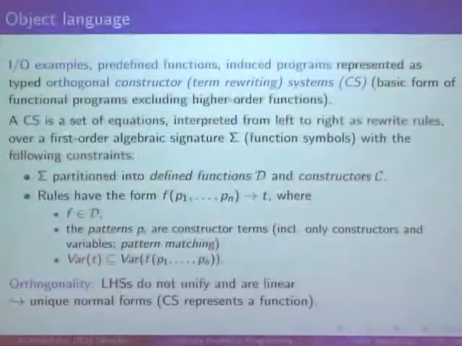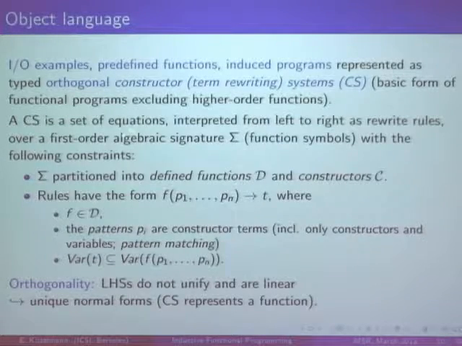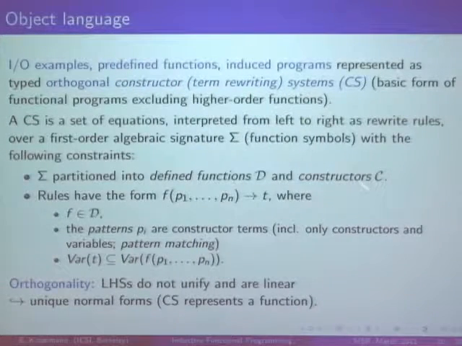A constructor system, CS for short, is just a set of equations interpreted from left to right as rewrite rules over a first order signature. So we exclude higher order functions here. A constructor system means that the signature is divided into two parts: the defined functions D, which are those function symbols that denote the functions implemented by the program, and the constructors C, which basically define the algebraic data type, so the values of the domains of the functions.